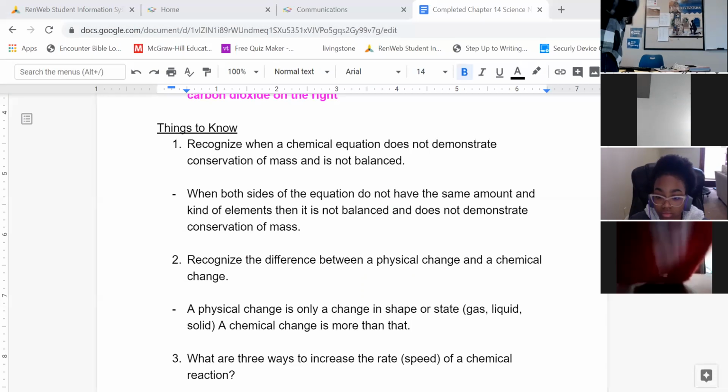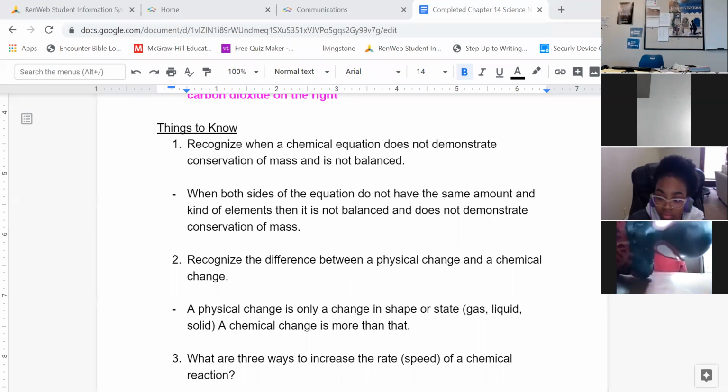So you'll have examples of some chemical equations, and you're going to have to do the math and count the number of carbon atoms on one side, the number of carbon atoms on the other, the number of oxygens on one side, and oxygens on the other, or whatever, to make sure there's the same number on either side of the equation arrow. It's kind of like the equal sign. All right.